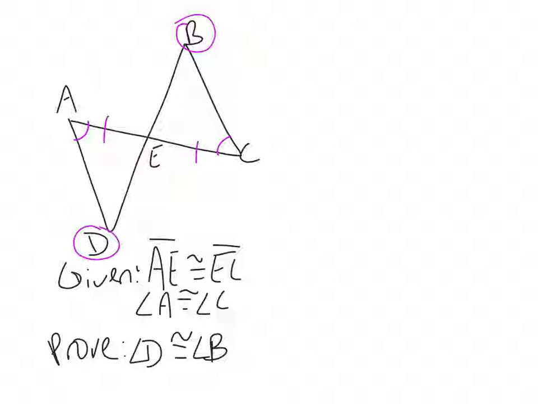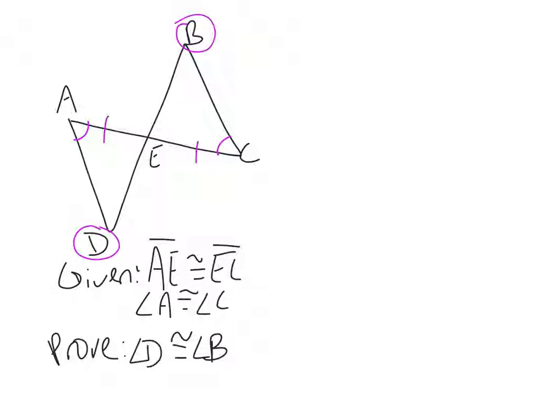So again, we're thinking, some congruent triangles, right? Well, I've got an angle and a side, so I need something more, right? Well, I could get another side if it was AD and BC, because then I'd do side, angle, side, right? But I don't have anything to get AD and BC congruent.